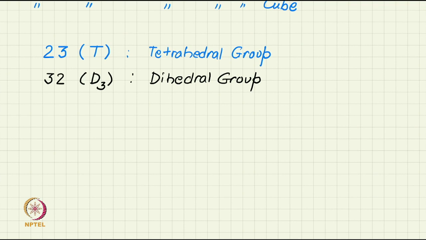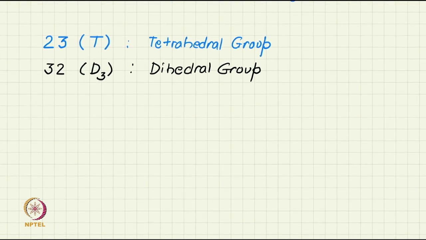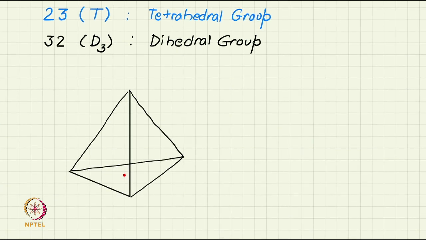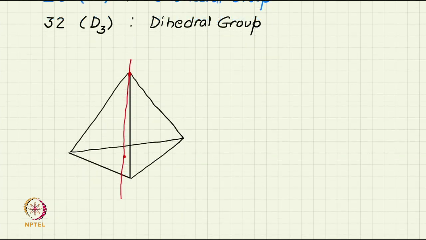So, what does symmetry of a tetrahedron consist of? Let us sketch a tetrahedron. So, this is a tetrahedron. In a tetrahedron, if you join the centroid of any face with the opposite vertex, you can see this is my threefold axis.